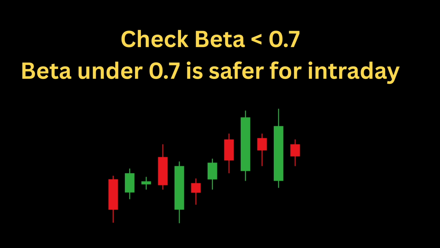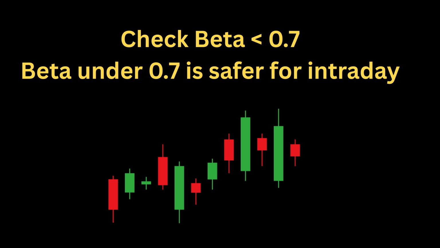So how do I know which stocks have low volatility? There is a number called beta, which you can check for every stock on several websites like Money Control or the National Stock Exchange website. If this beta value is less than 0.7, it's generally considered safer for intraday trading. Beta tells you how volatile a stock is compared to the market.